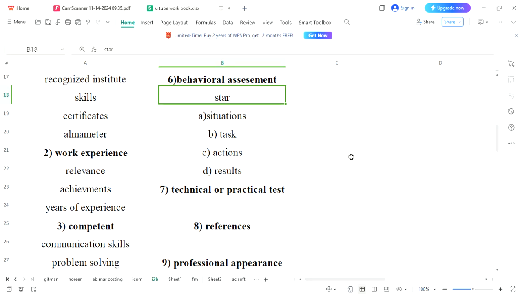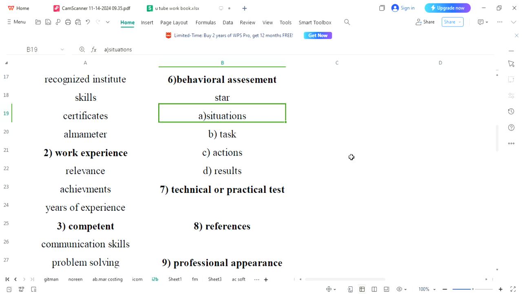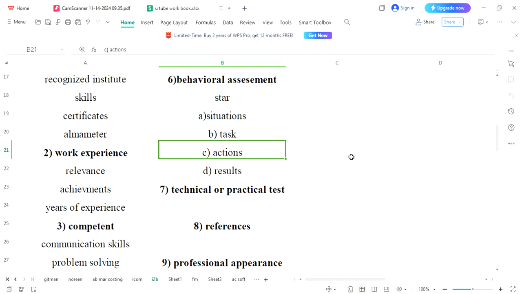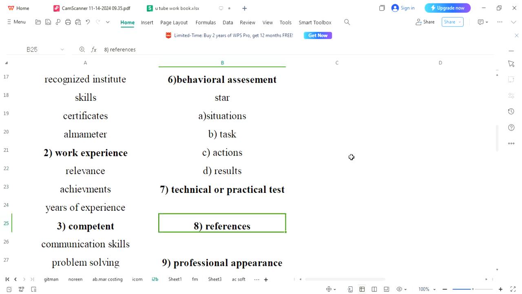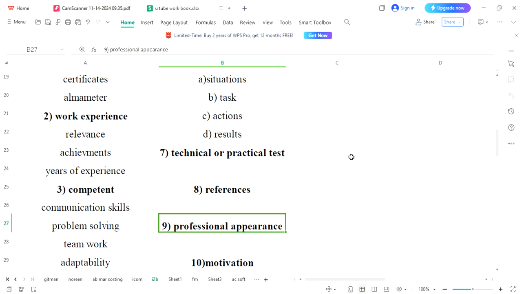A practical test was given for different situations, tasks were given, he took action, and we will see whether he is successful or unsuccessful for these targets. We will see some references from previous organizations. Then finally we will see his appearance, how good he is in presentation as a person or as a candidate for his target as well.